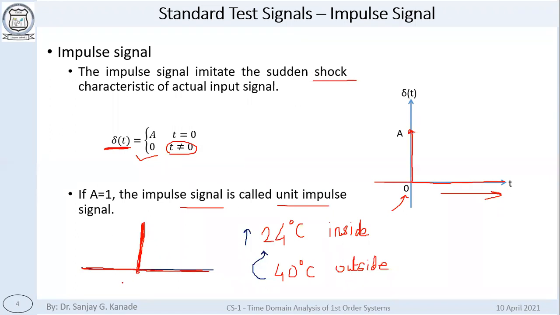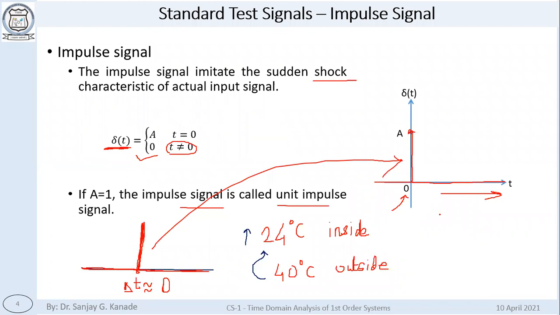Okay, so the instance for which the window was open was very small, meaning the time duration delta t is very small, almost equal to 0. And that's why you can see now, what is the nature of this disturbance signal?